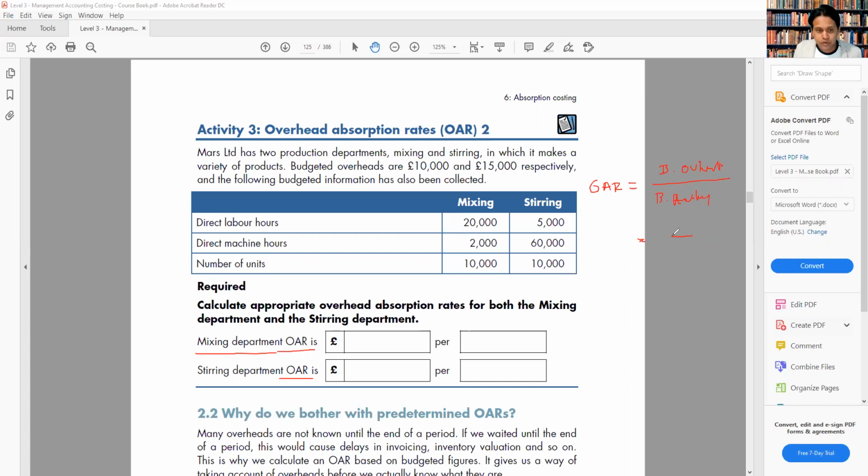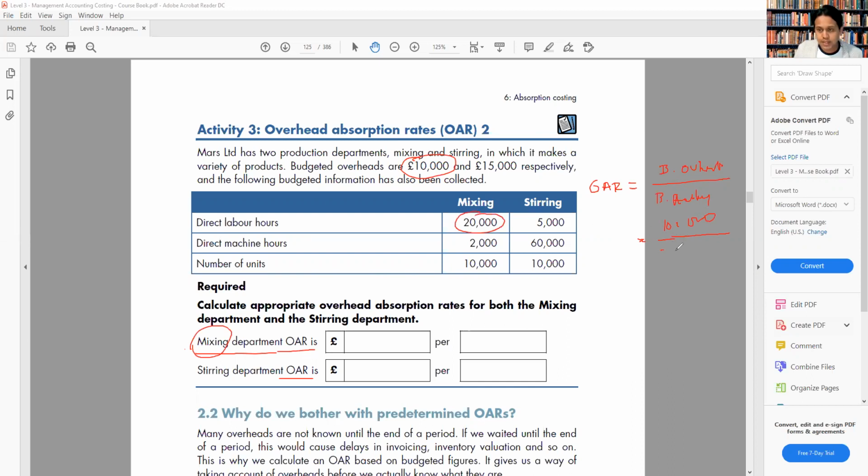For the mixing department, the budgeted overhead is 10,000, and we have labor hours, because the mixing department depends on labor hours.